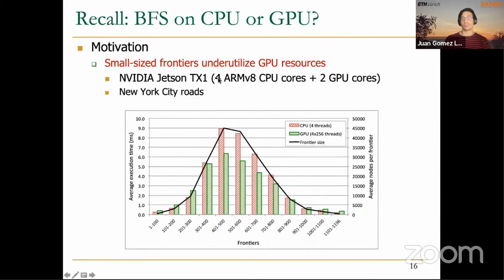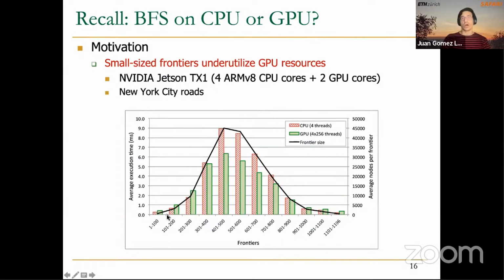In this case, in, let's say, a mobile platform like an NVIDIA Jetson that has relatively weak CPU cores and a small number of GPU cores as well. And we saw that the performance, or the execution time, on CPU and GPU was changing relative to each other, depending on the amount of computation, or the frontier size.